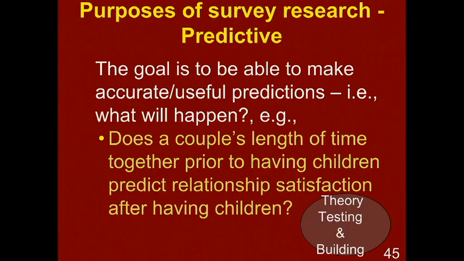Maybe they're not. To do a study like this, we need longitudinal data, not just one-off data. So we need to find couples, probably now, measure their satisfaction. When they have kids, go back and measure their satisfaction. So we need to collect data over time to establish those predictive patterns.